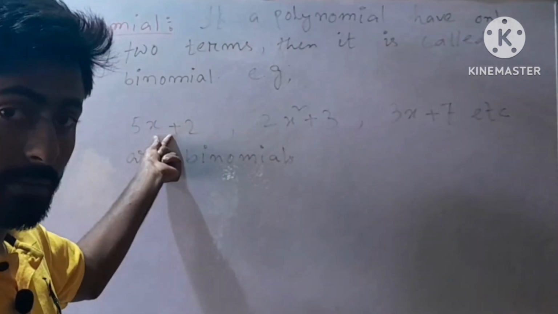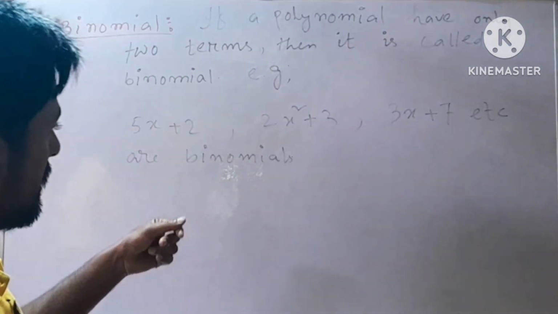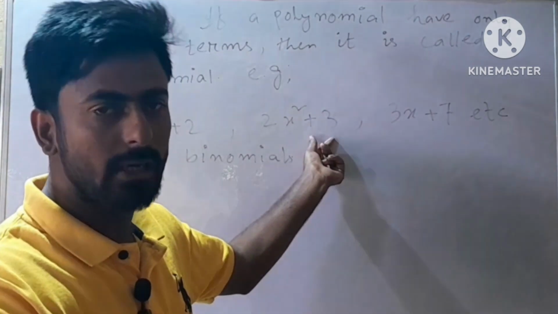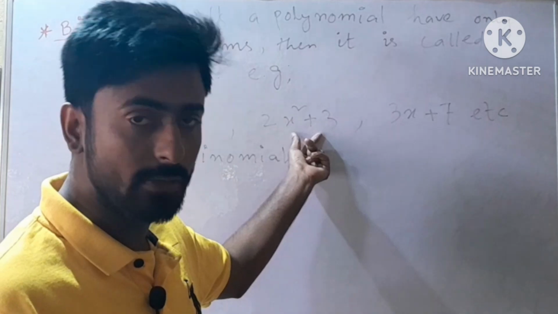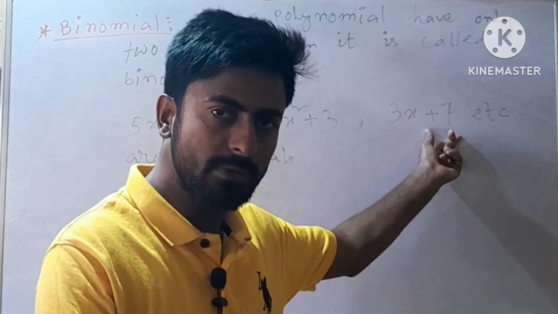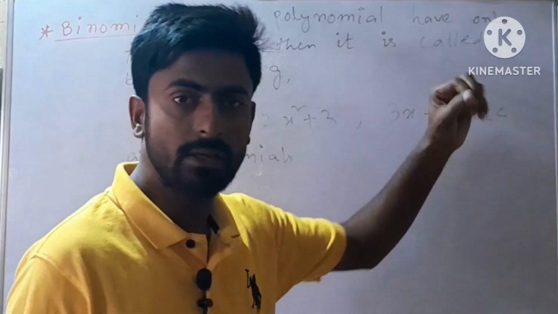It is also a polynomial, but number of terms is 2, so therefore it will be a binomial. Next, 2x square plus 3, number of terms here 2, so therefore it will be a binomial.